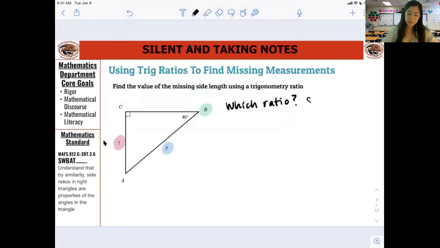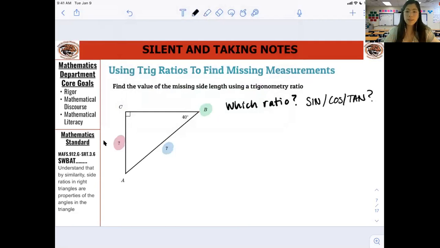Is it the sine, cosine, or tangent? Sine. Sine because we need to use the hypotenuse and the opposite side.